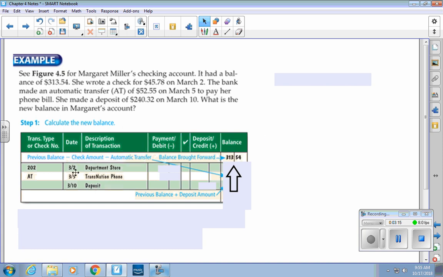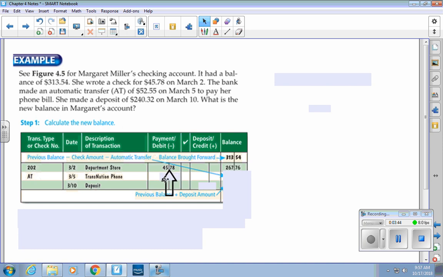Then let's find that department store on March 2nd. All right, so that department store check was for $45.78 on March 2nd. That's here. When you write a check, make sure you write the check number in the far left column. There it is.